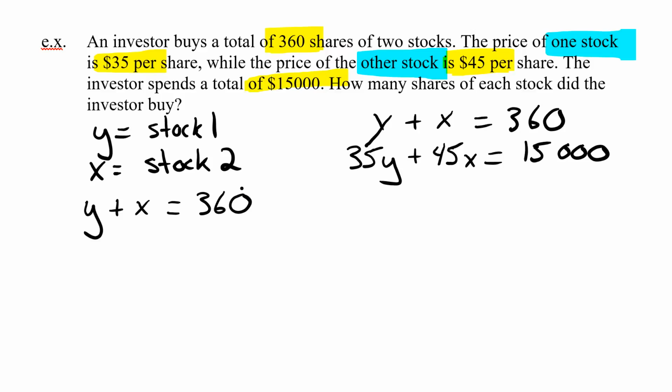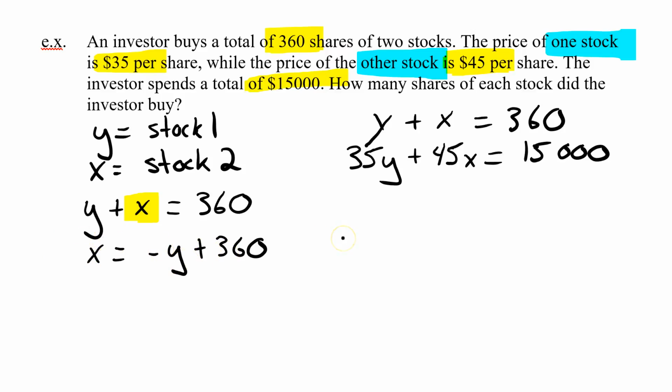Now which one do we want to solve for? Let's solve for x. So I'm going to bring the y to the other side. It's going to flip its sign. X equals negative y plus 360. So I know what my x is worth.